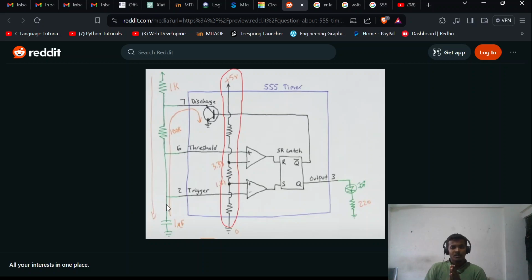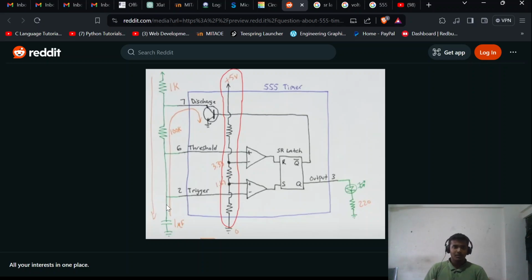So like this the 555 timer works. Now what I have explained to you is called an astable configuration of the 555 timer. There are multiple other configurations of the 555 timer, which we will discuss maybe in later stages.